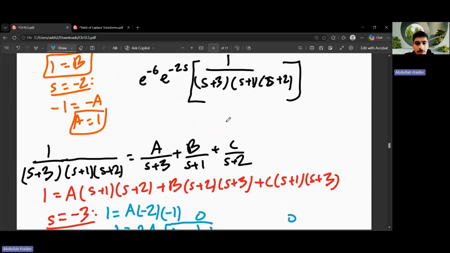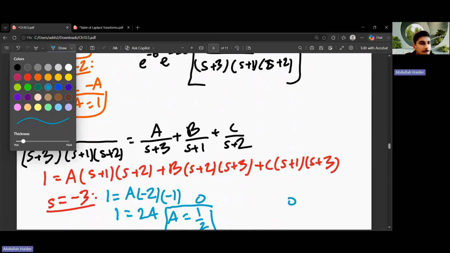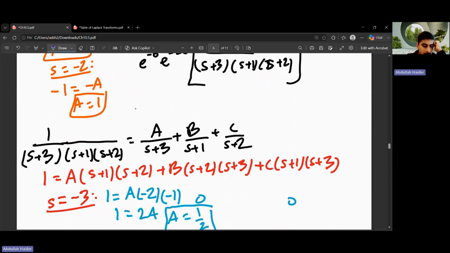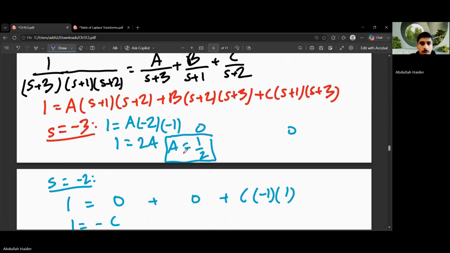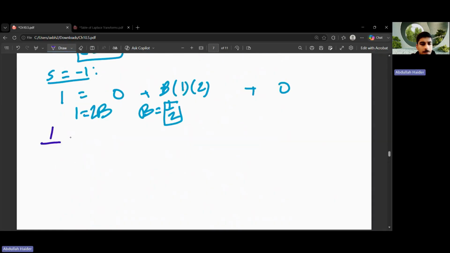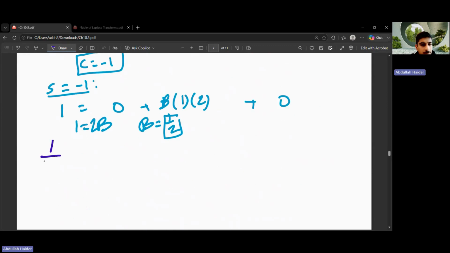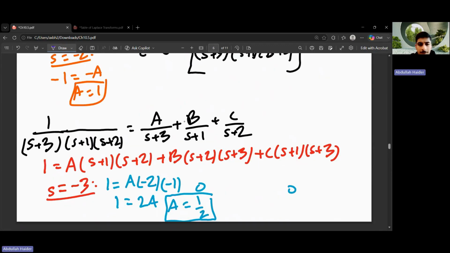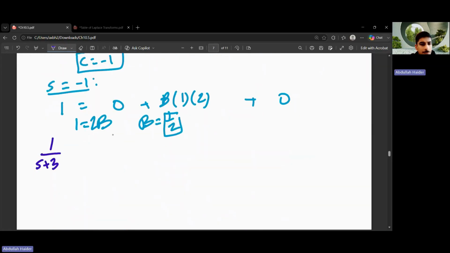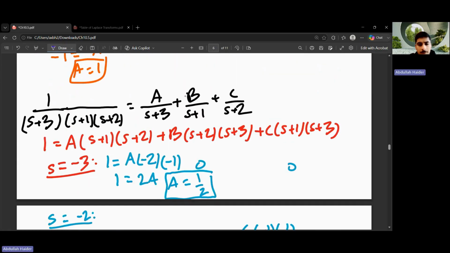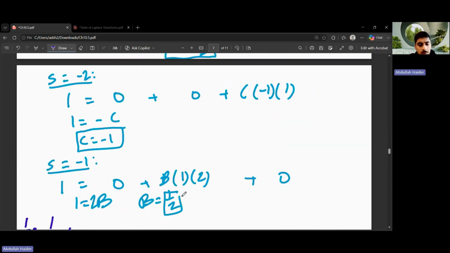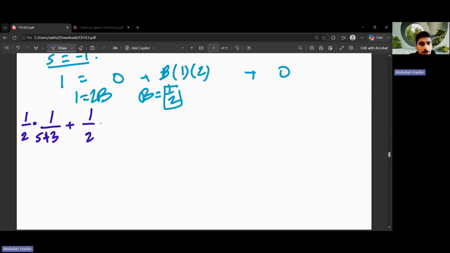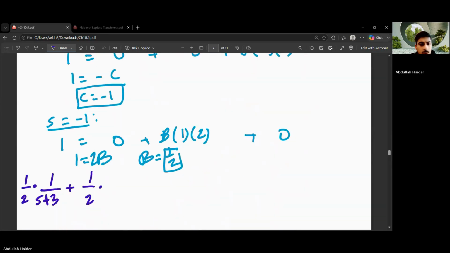So based on what we have gotten, we have 1 over 2 multiplied by 1 over s plus 3, plus, now b, what is b? 1 over 2 multiplied by 1 over s plus 1.